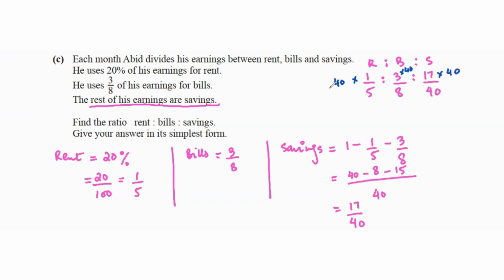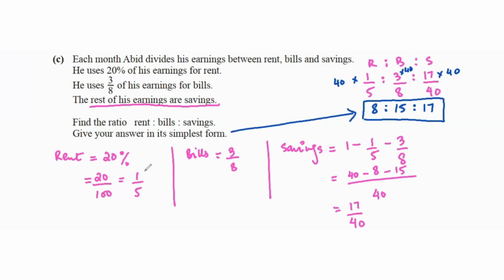Why? Because we know 40 is divisible by 5, 40 is divisible by 8, and 40 is divisible by 40 as well. So that's going to give us 8 over here, 15 over here, because 40 divided by 8 is 5, and 5 times 3 is 15, and 17 over here. This is our ratio in its simplest form.